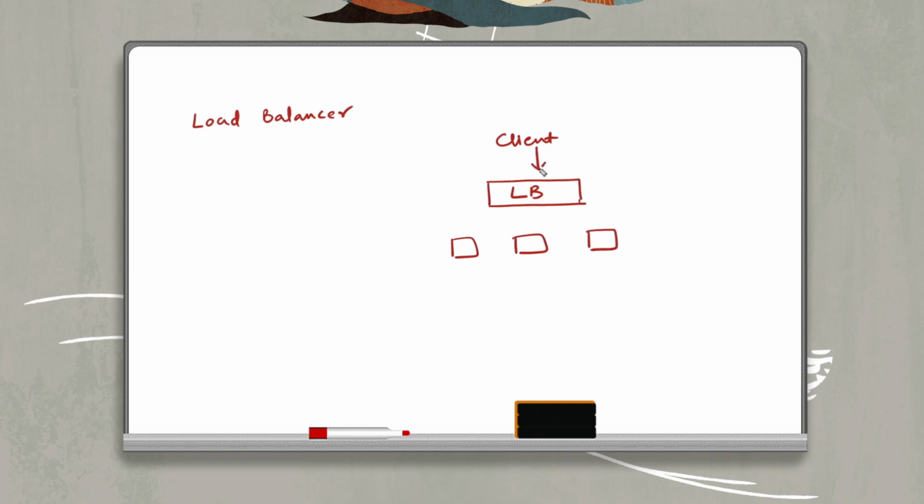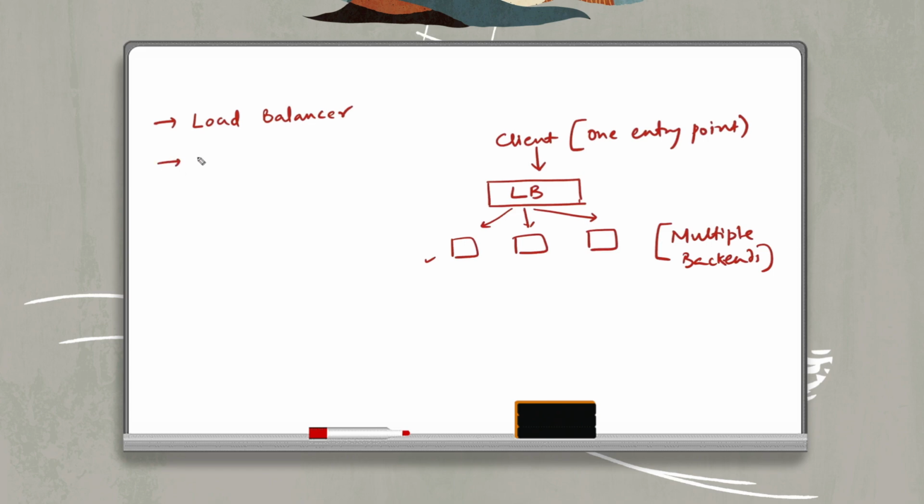Client will send the request, so you can think of it like one entry point, and then the load balancer sits in between, and it is going to distribute the traffic to multiple backends. So that means here there are multiple servers or multiple backends. It load balances or distributes the incoming traffic to multiple backends.